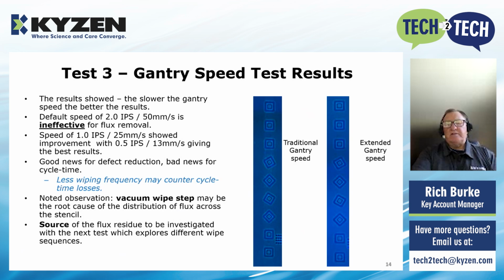It was clear that the default speed of 2 inches per second was ineffective at all in removing the flux residue. It did something, but it was not adequate.